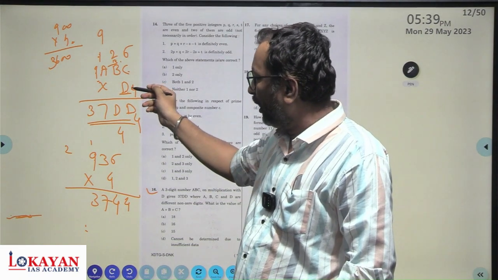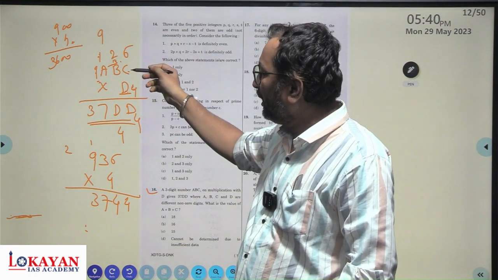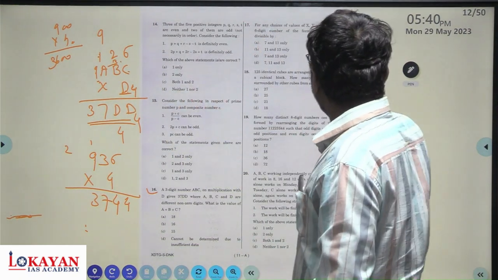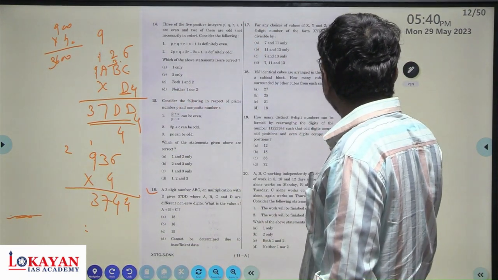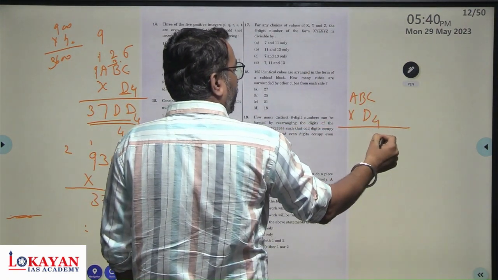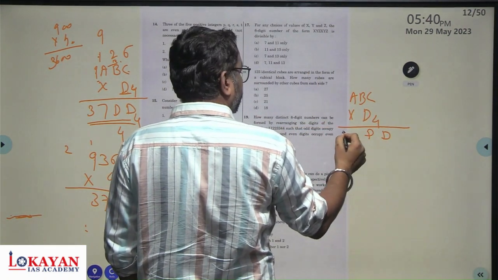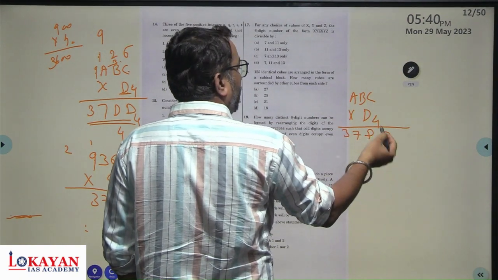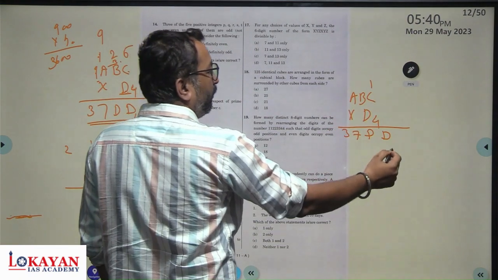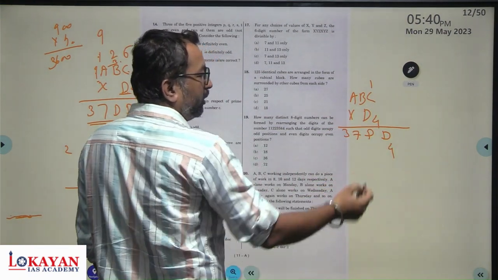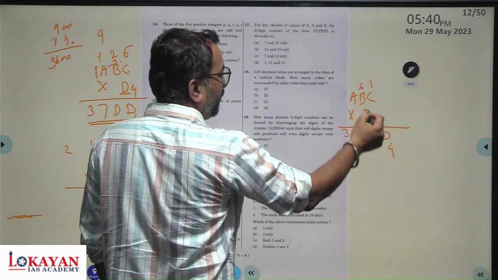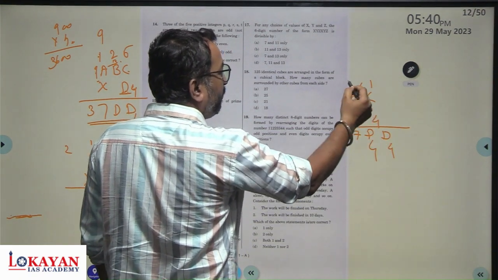Again, if D is 4, when D is multiplied with C, it again gives me 4. If I had taken C as 1, 4 1s are 4 still, and here also there is 4, so B can be 6, 4 6s are 24, but carry will be 2 here.